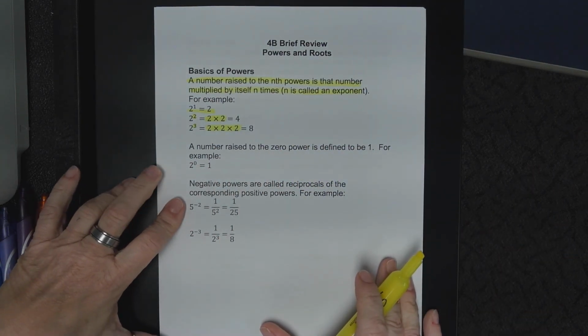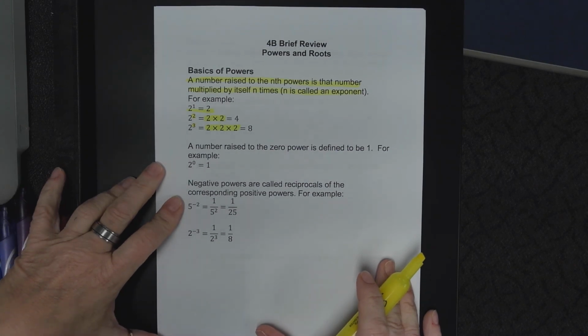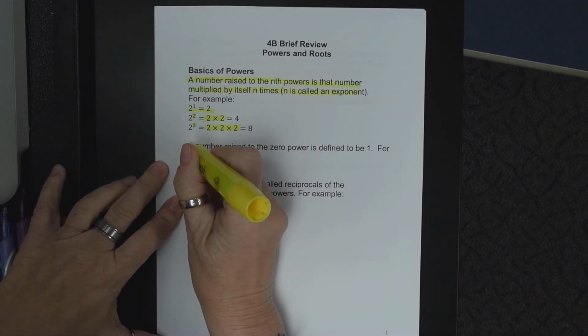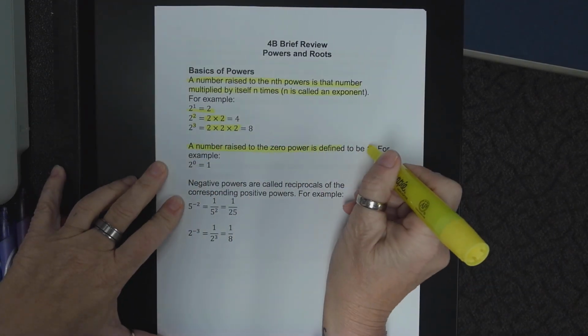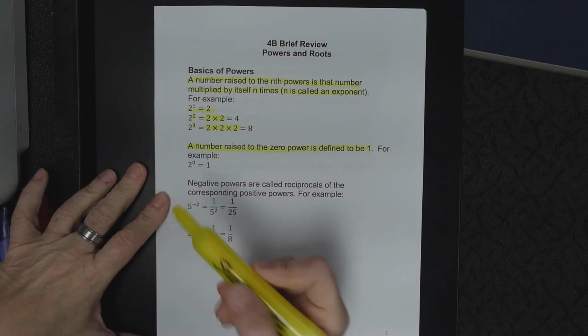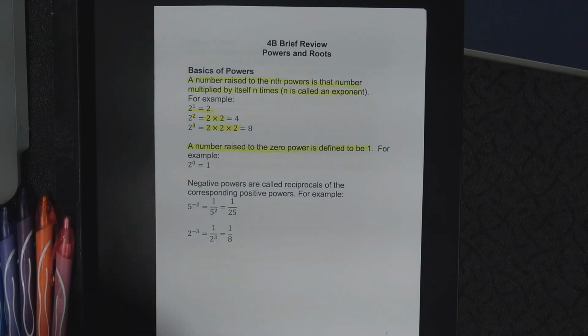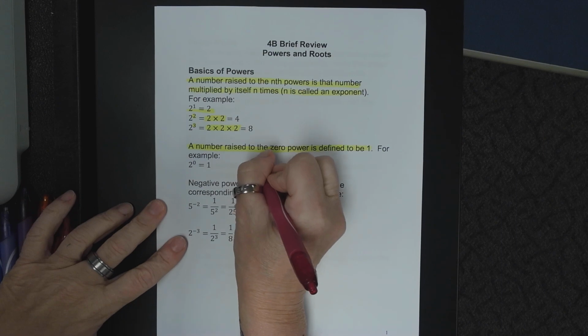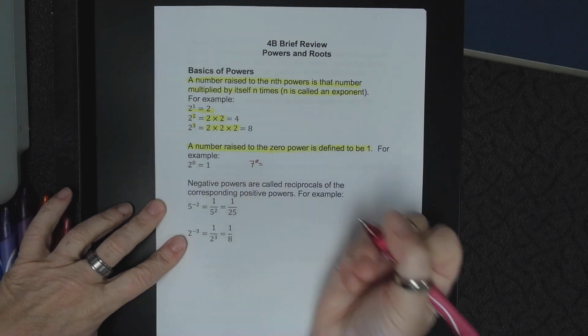Now, any number raised to the 0 power is always defined to be 1. So that's very important. Anything raised to the 0 power, always 1. Okay? So for example, 2 to the 0 power is 1. What about 7 raised to the 0 power?